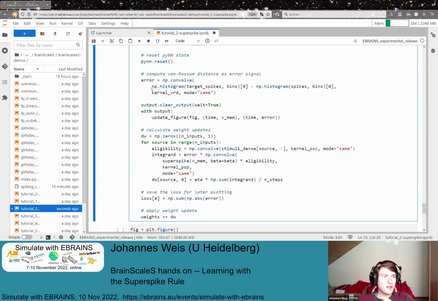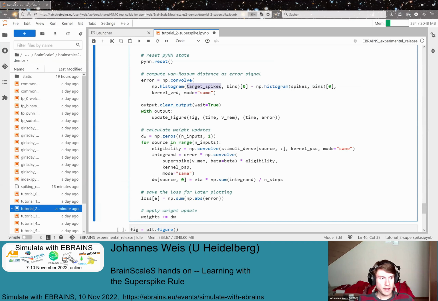We compute an error trace. This error trace is the first term of the superspike rule. And it is only calculated using the difference between the target spikes and the actual spikes. So this is the measure of the van Rossum distance. It does not take into account the target membrane potential, only the target spikes.